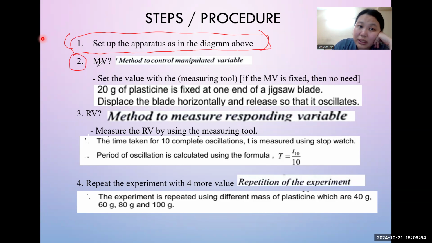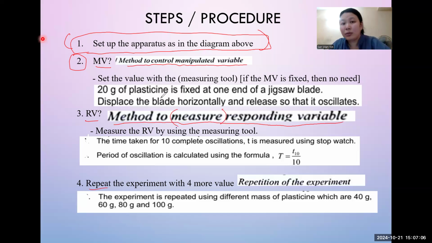Then number two, what is your MV? MV means your method. Just now they asked for our method to control MV, and RV method to measure RV. Then repeat. So what you need to do in number two is set the first value.